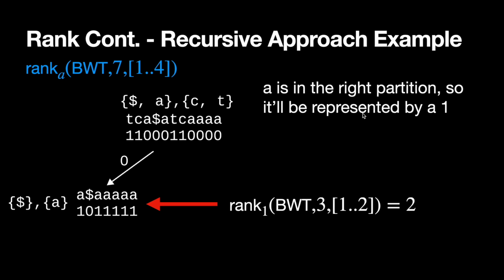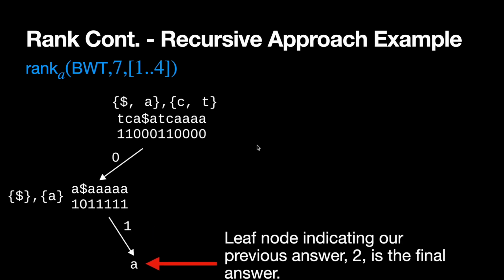We're taking care of the offset here. So we're looking for how many 1s happen before position 3. We find that this is equal to 2. And now we can move to the right. We know that A is in the right, and we've encountered a leaf node, which indicates our previous answer, 2, is the final answer.